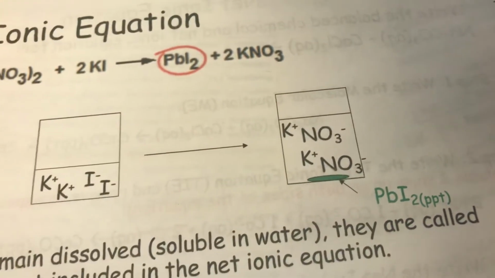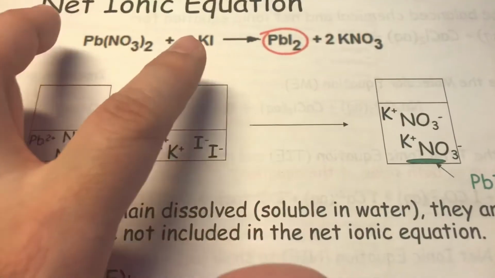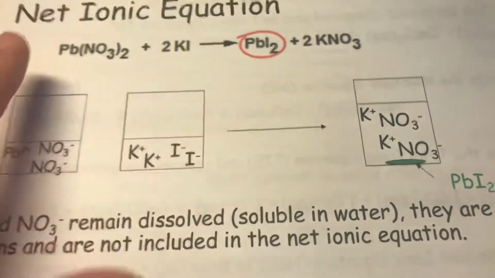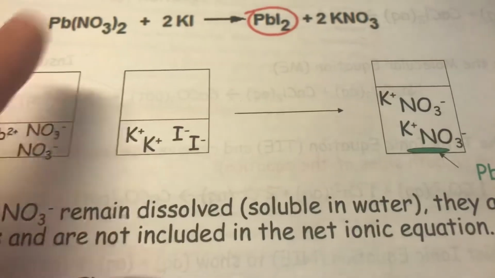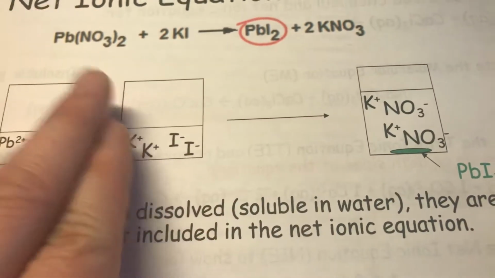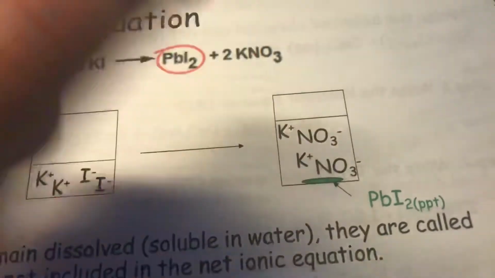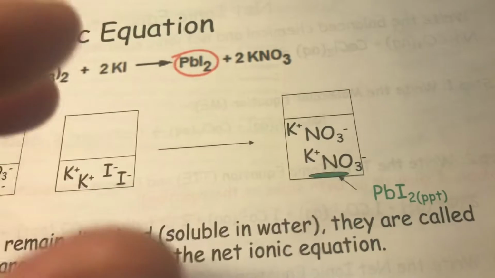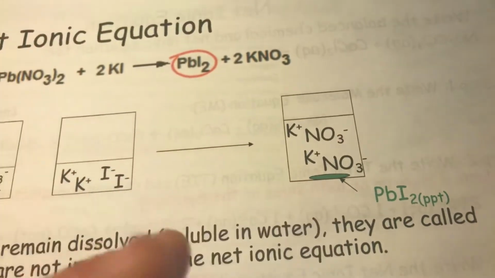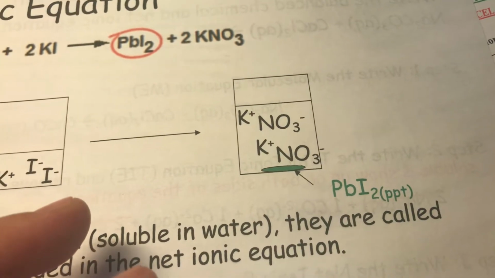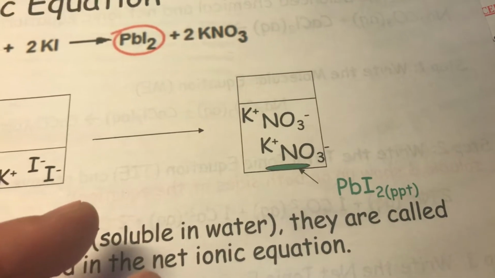When we actually do the lab, we have a beaker with lead nitrate and a beaker with potassium iodide, and we pour them together into one single beaker. Then it is filtered through a filter paper with the funnel on top and the flask on the bottom, just like when you did the filtration of iron powder, sand, and salt.